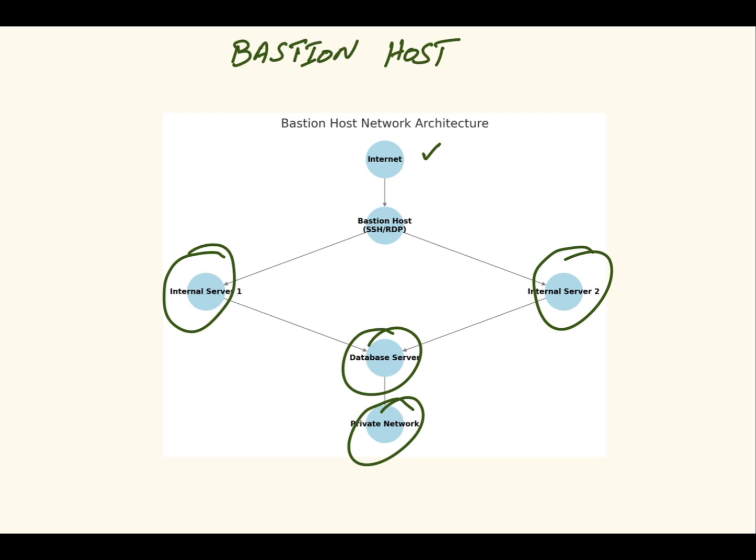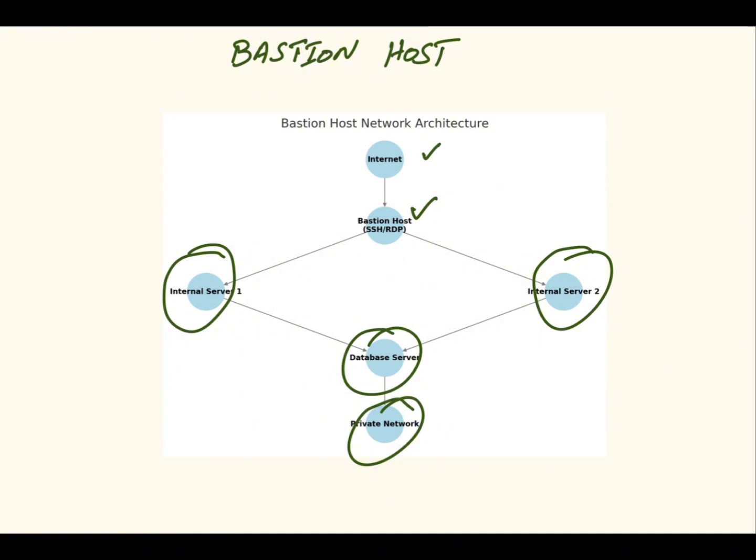As you can see in this diagram, the Bastion host is in the middle. Publicly, people can only access this Bastion host, and it acts as a gateway between the internet and internal users.